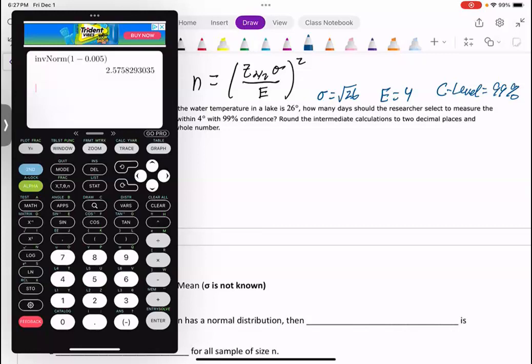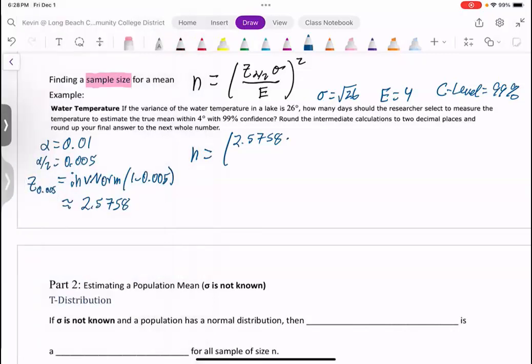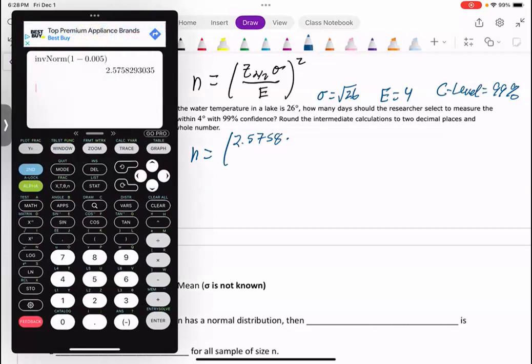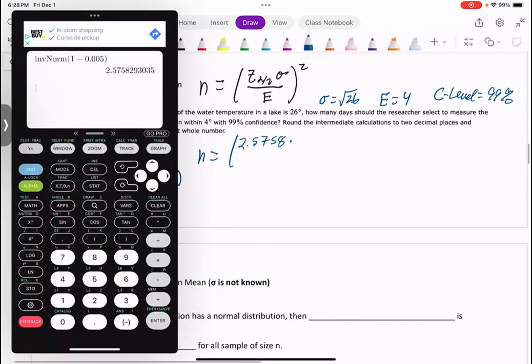So using the formula in black above there, n is going to be 2.5758 times sigma, which we have up here. That's the square root of 26, divided by E, which was 4 degrees. We're going to square that whole thing.